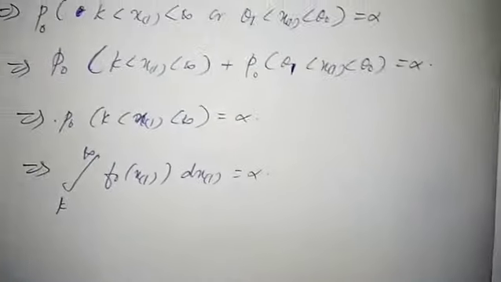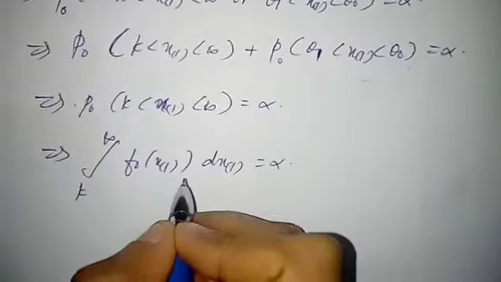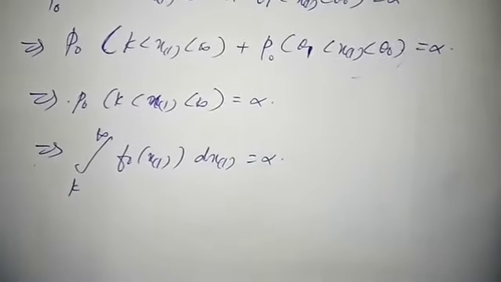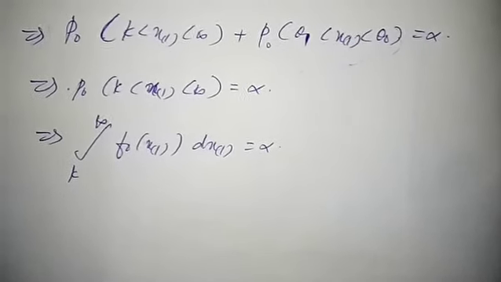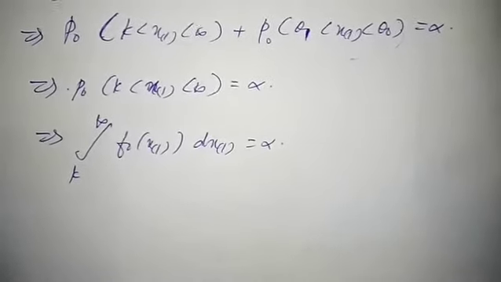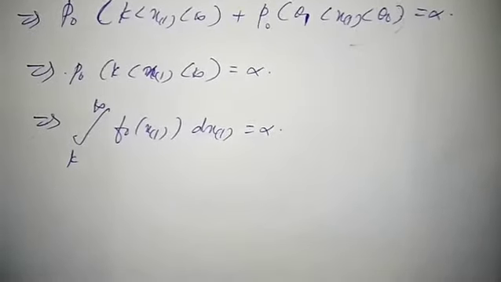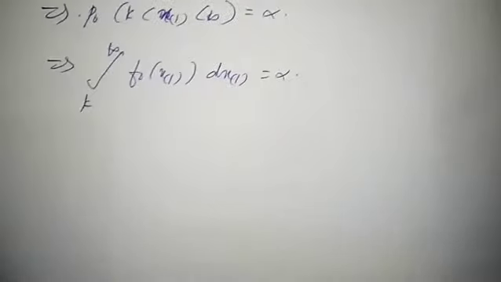Then what is here is the density of the first order statistic, right? So we have to find the density of the first order statistic. What is the formula for that?